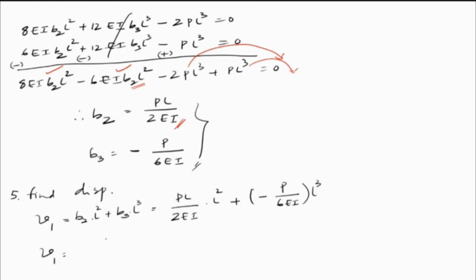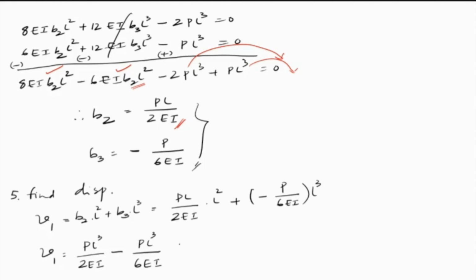V1 is equal to, this is L into L square, it will become L cube. So it is PL cube divided by 2EI. Then plus into minus, it is minus P into L cube, it is PL cube divided by 6EI. Okay. So this is the simplification.